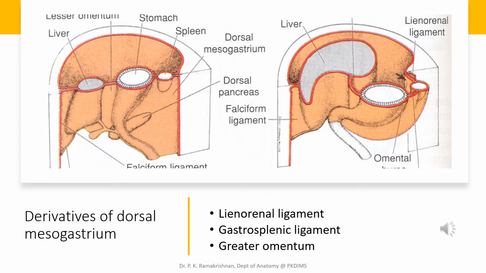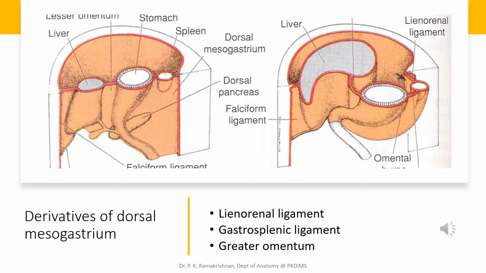As a result of rotation of the stomach around its antero-posterior axis, the dorsal mesogastrium also bulges down somewhat. This bulging continues to grow down and forms a double-layered sac extending over the transverse colon and the small intestinal loops just like an apron.